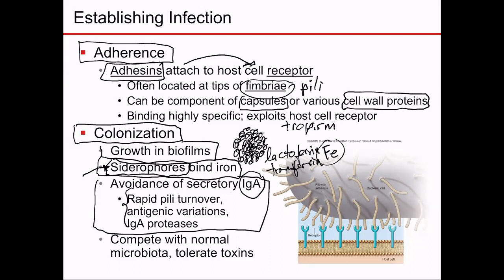And a particular pathogen that does all of these together very well is the bacteria that produces gonorrhea. I will be talking about that one soon. So I will go through all these mechanisms that I'm listing here. And then the other thing is that the pathogen that is arriving needs to be ready to compete with our normal microbiome and to tolerate toxins that could be present in that environment.